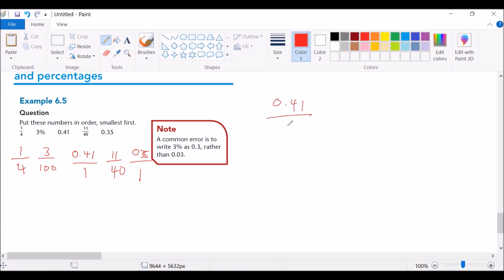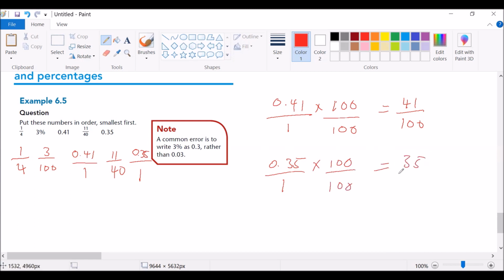0.41 over 1. If we multiply by 100 to make 0.41 a whole number, we also multiply the denominator by 100, which will give us 41 over 100. 0.35 over 1, we also multiply by 100 over 100 to give 35 over 100.